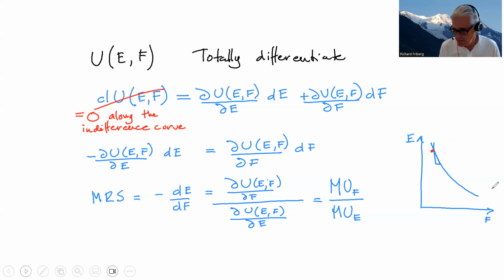Whereas down here, I'm pretty full, but whatever, I can always take one more apple. So my marginal utility of additional food is low relative to my marginal utility of additional entertainment. I'm bored. Okay, so that's it.